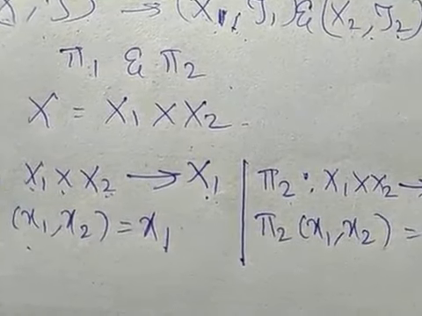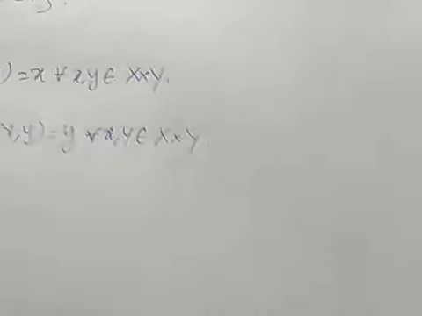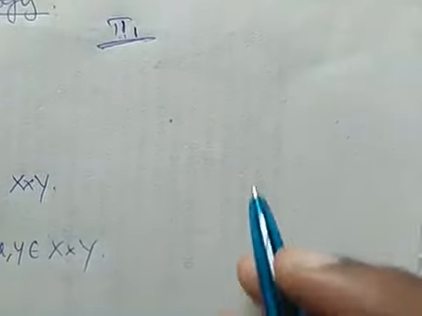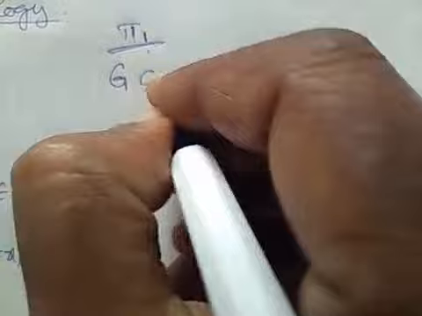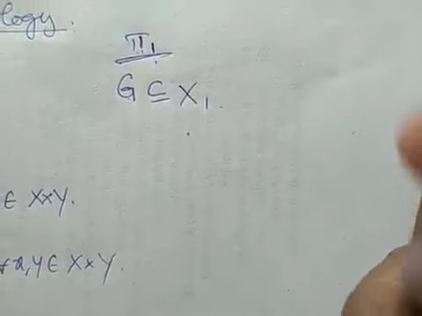Now we have to prove phi 1 and phi 2 are continuous. So to prove phi 1 and phi 2 are continuous, first I will prove phi 1 is continuous. Now I am going to prove the first projection is continuous. To prove phi 1 is continuous, I am considering an arbitrary open set G subset of X1.